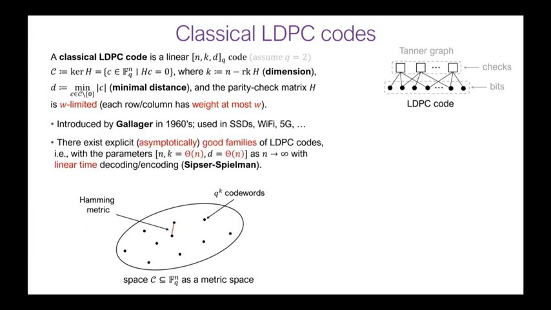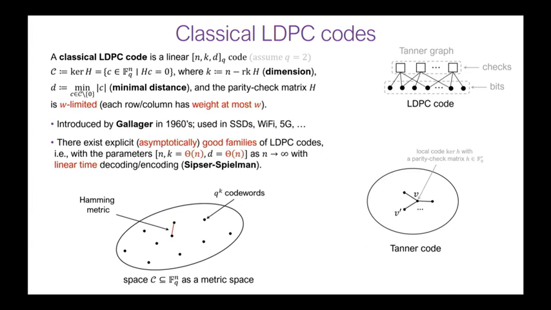But the explicit constructions of LDPC codes remained unknown until the very well-known work by Sipser and Spielman, and they also showed that you can efficiently encode and decode such codes.